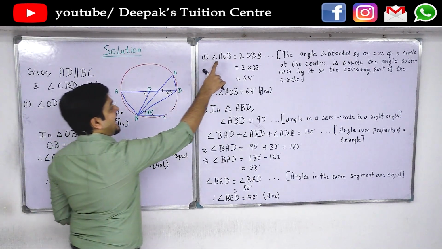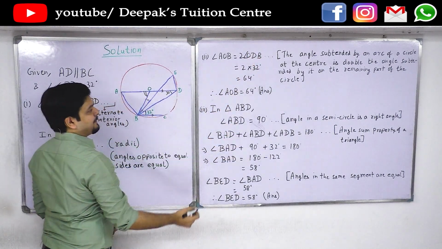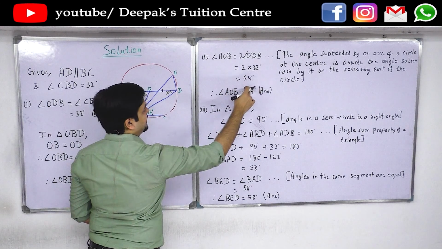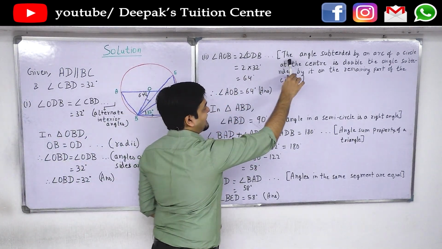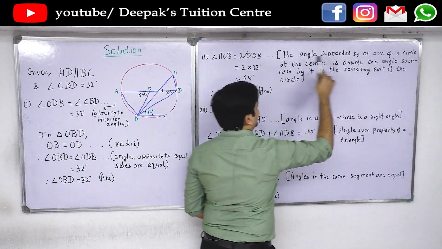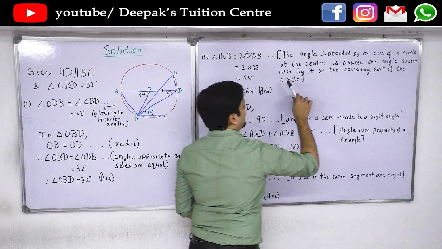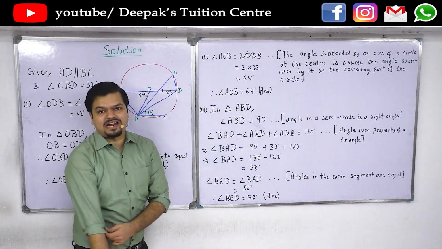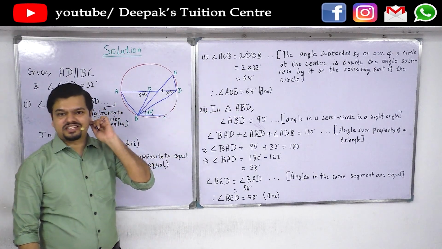So angle AOB is equal to twice angle ODB, that is 2 into 32 degrees, that is 64 degrees. So we'll write: the angle subtended by an arc of a circle at the center is double the angle subtended by it on the remaining part of the circle. You have to memorize the theorem by heart. So therefore angle AOB equals 64 degrees.